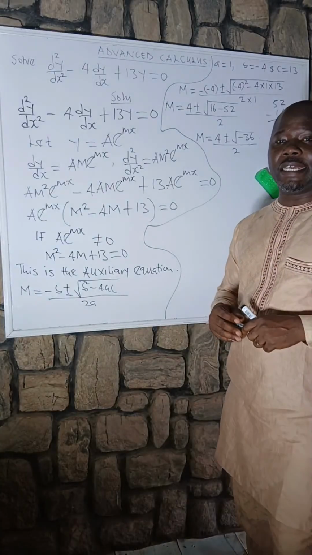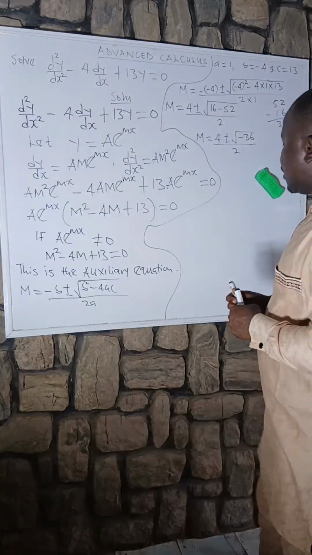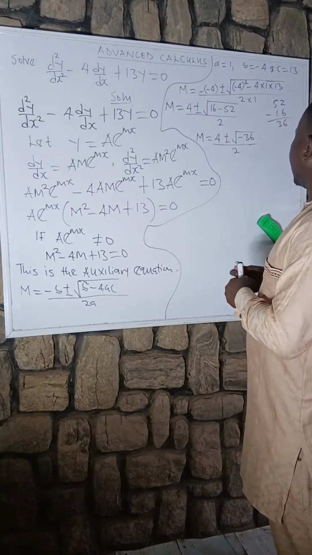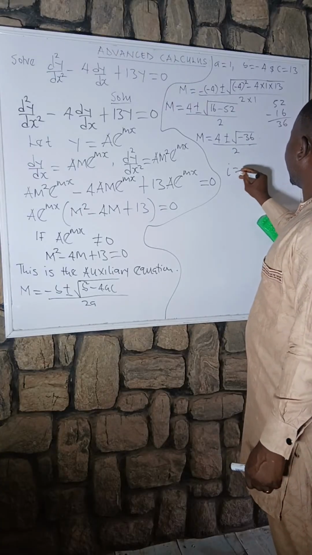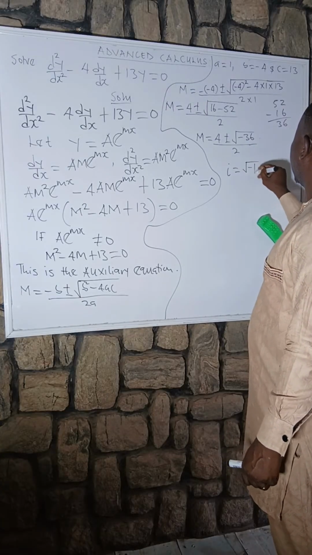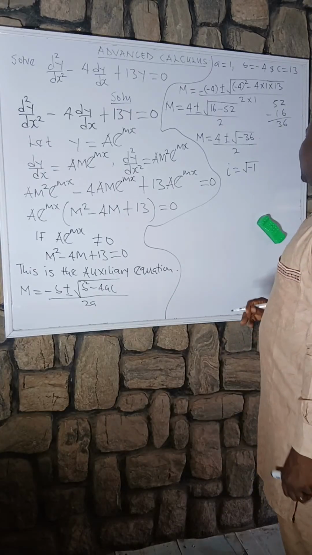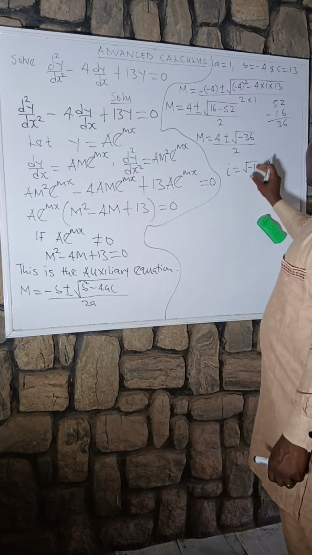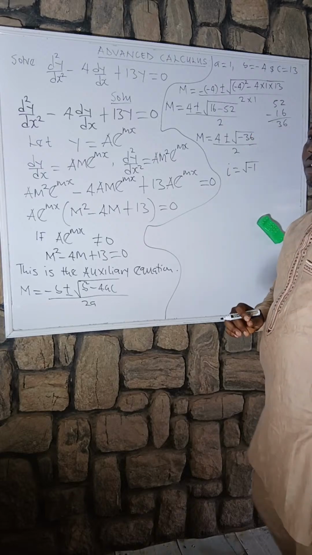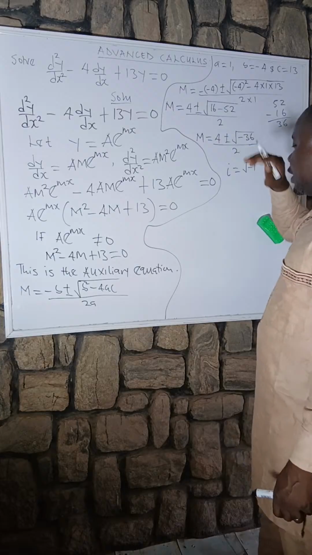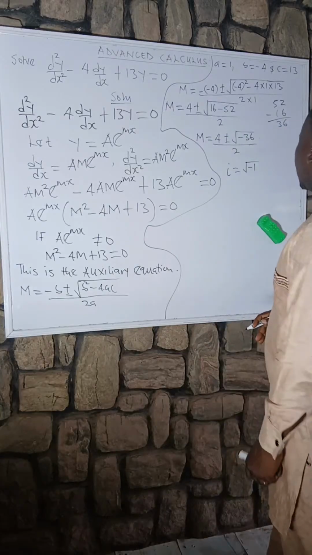In complex analysis, note that your i is always equal to the square root of minus 1. Do you agree with me? So for that purpose, let's apply that here.